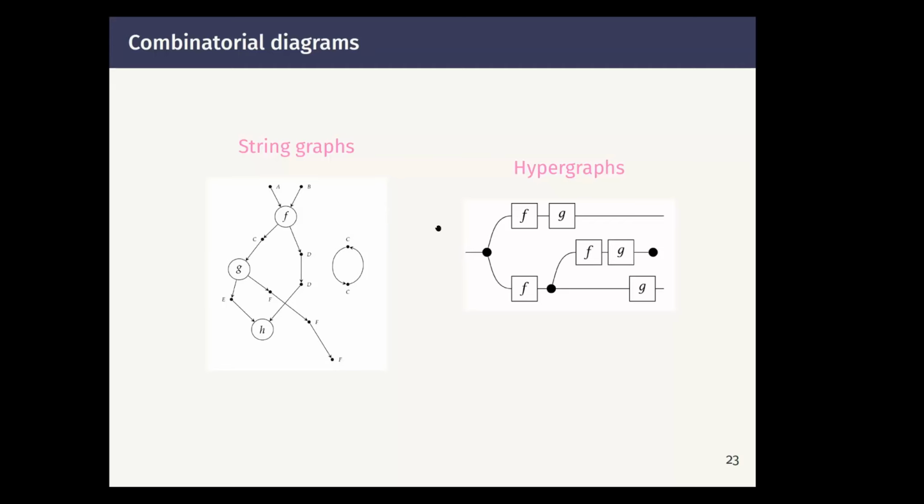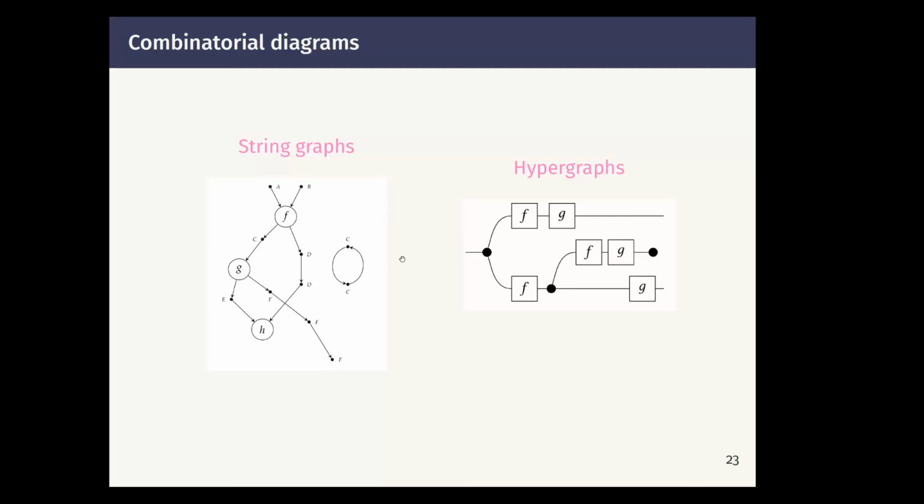Another problem is that if we consider our Cartesian axiom from earlier, this copying morphism, then with the bendy wire we just push it around, and now we have something which takes in two things and merges them into one. And in our model, that's not sound. We don't want that. So what we're going to do is take these hypergraphs and make them a little bit better for our use.